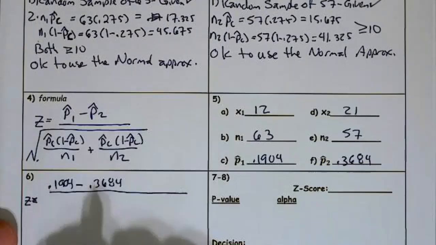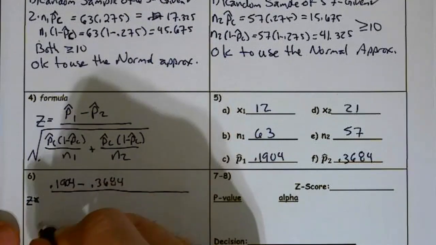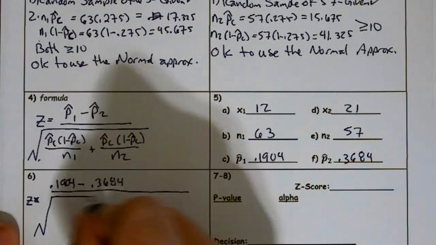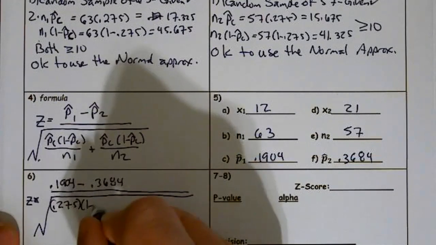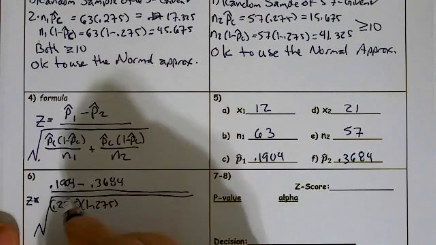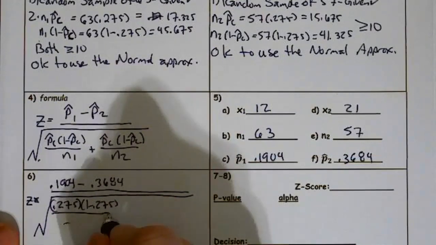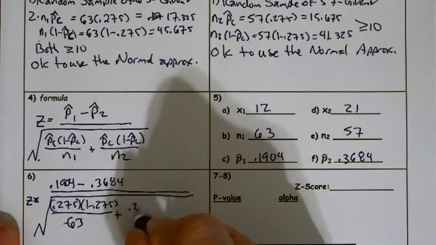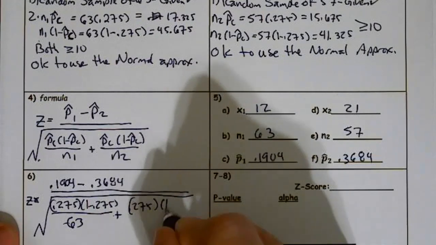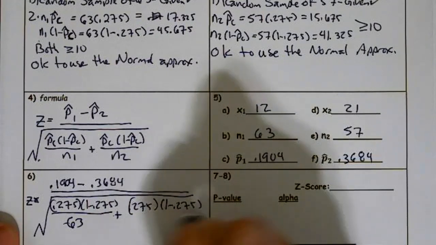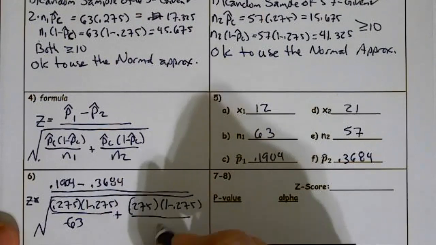We calculated that up above. Don't forget your square root sign. 0.275 times 1 minus 0.275 over N1, which was 63, plus 0.275 times 1 minus 0.275 over 57.